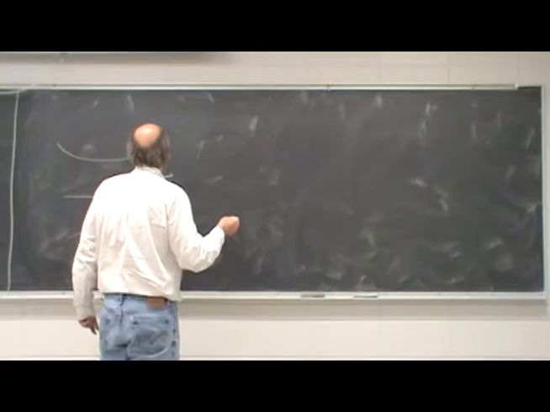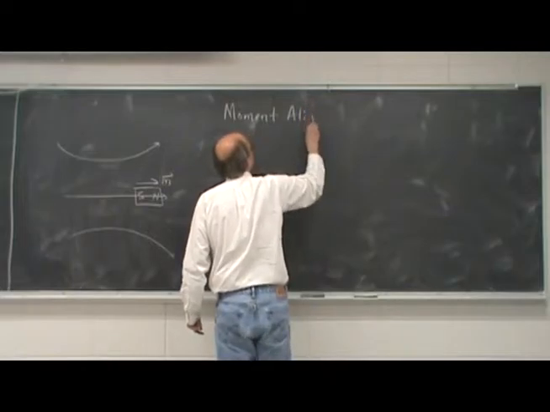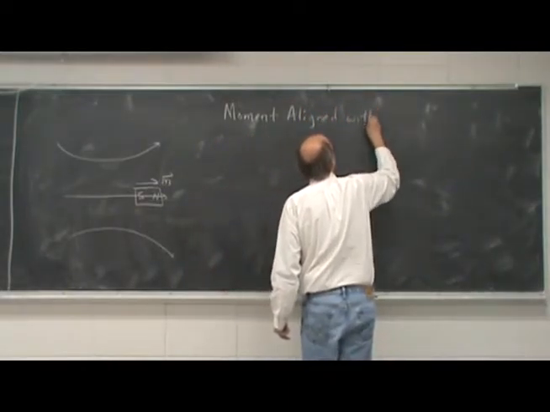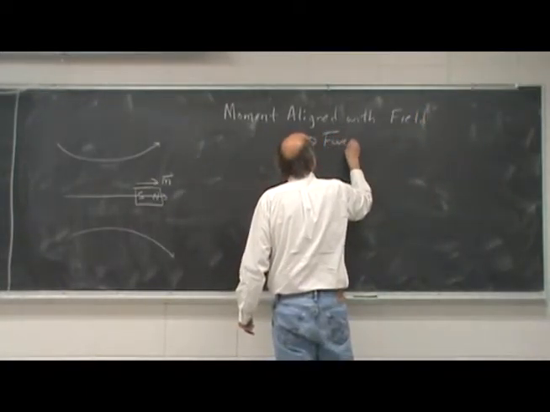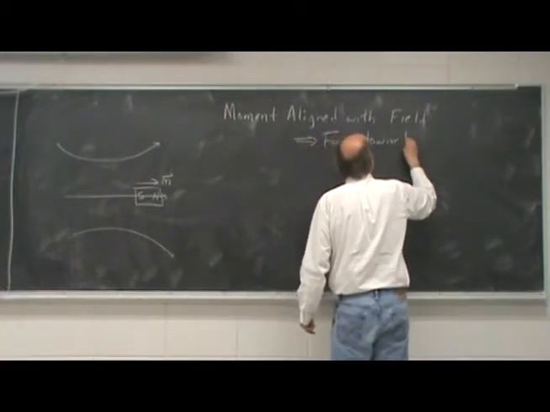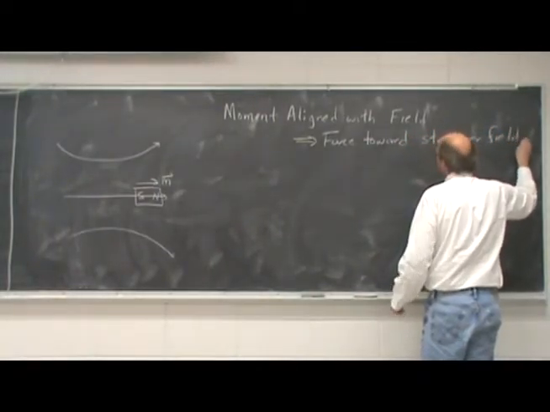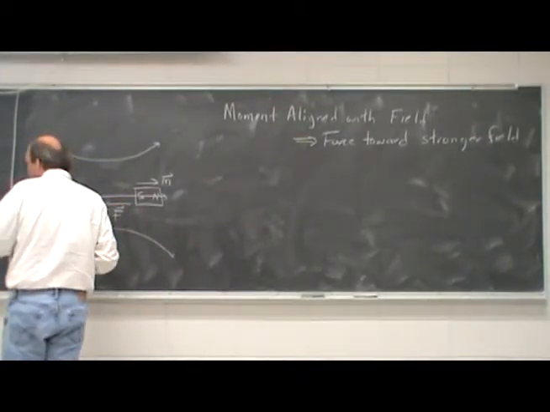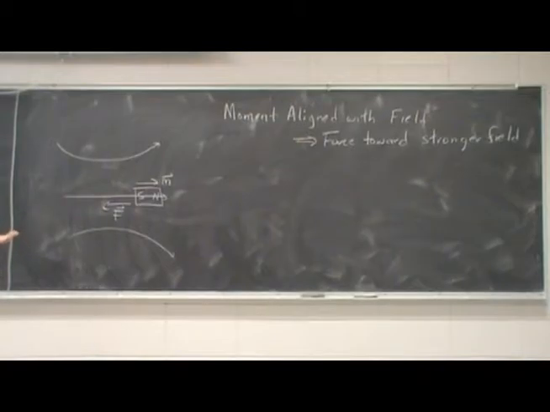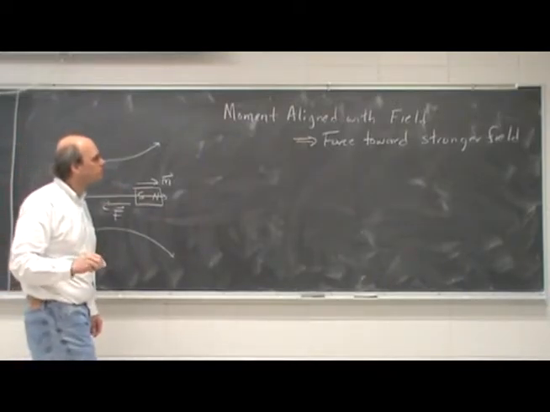So if the moment is aligned with the field, in the same direction, the force is towards stronger field. The field's stronger here, so this will feel a force that way. Which is unfortunate if you want to shoot something, because you'd like to push it out of the field. But the most natural orientation is to have the thing sucked into the field.